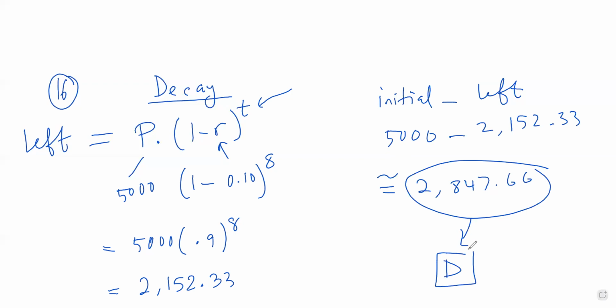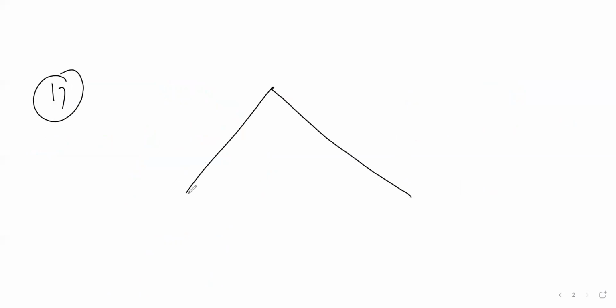For your question 17, you had a triangle. This is 30 degrees, and this is 45 degrees. This side is 8, and we're trying to find the length BC.